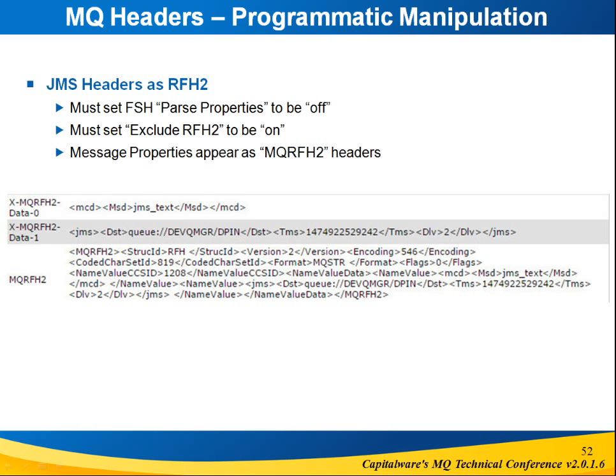The second one with the grey background is all of the JMS folders separately split out for you, so you can easily get to them and manipulate them using either JavaScript or using XSL inside of a transform action. So my preference is normally to go this route and use the RFH2 method, because you get much more programmatic control over everything that's present.